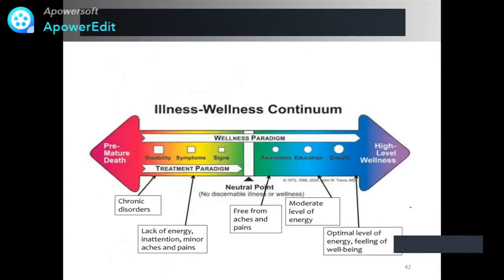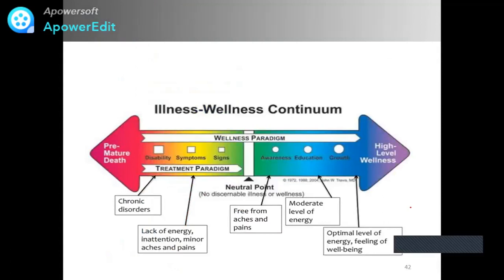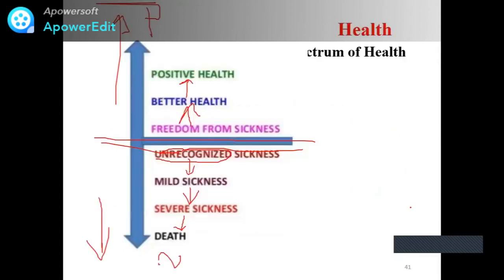Then another one. According to the illness-wellness continuum, there are two ways of health. Health and disease lie on a continuum and there is no single cutoff point.